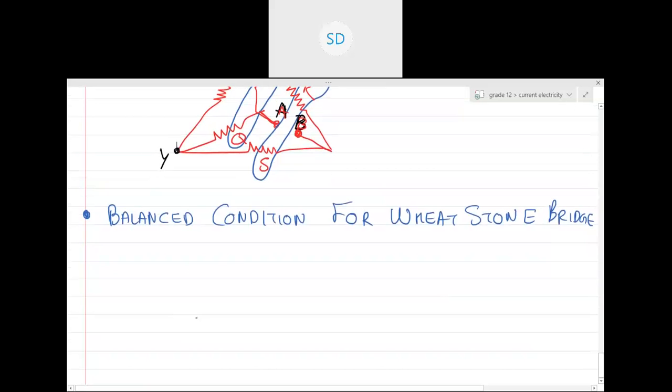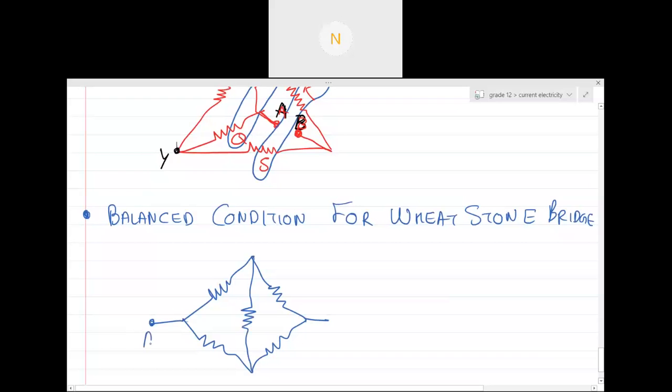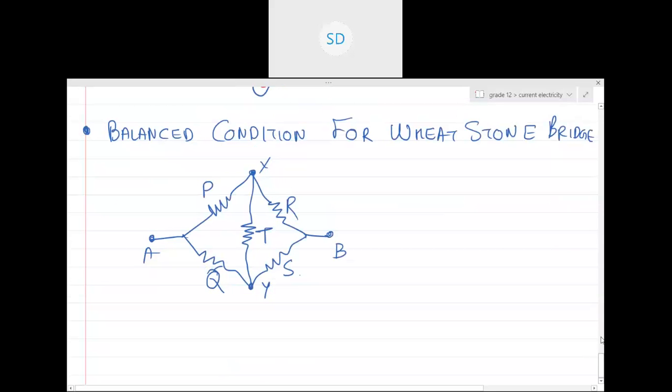Now see, whenever you have any Wheatstone bridge over here, guys, shall I explain again how this is a Wheatstone bridge? Is this diagram clear? Now see what is the balance condition.